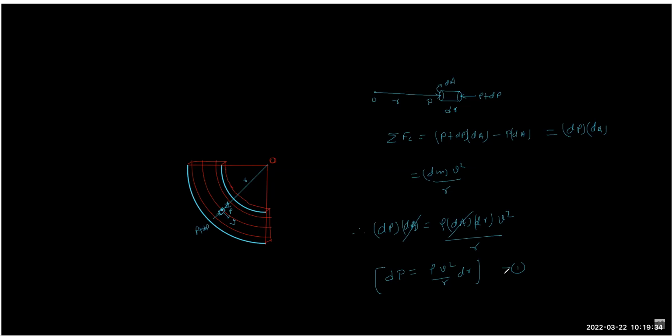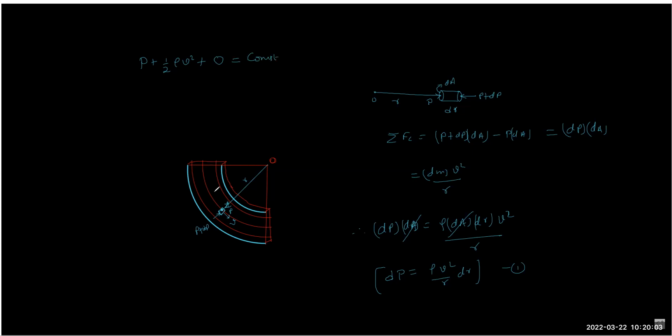Now the question is how to apply the Bernoulli equation. If you go from r to r plus dr, the velocity will change because the pressure must change. To write the Bernoulli equation, what you can write is P plus half rho v square plus the third term, which I will take as 0. Why?